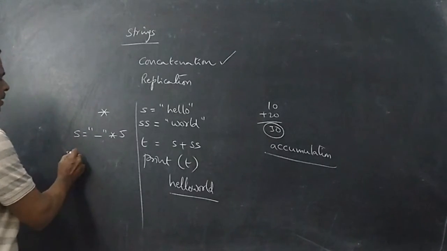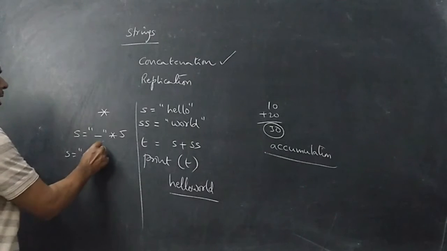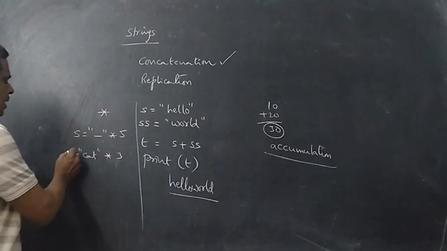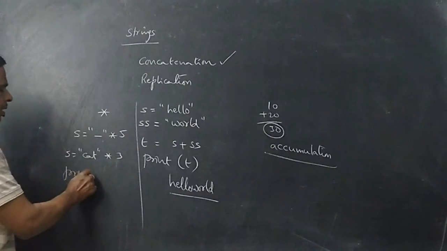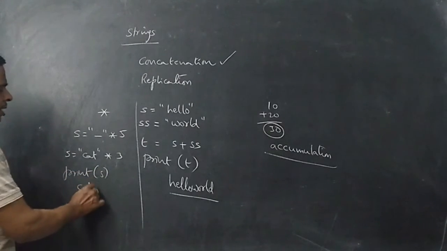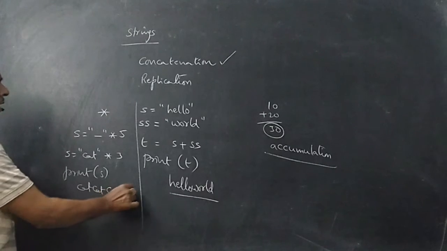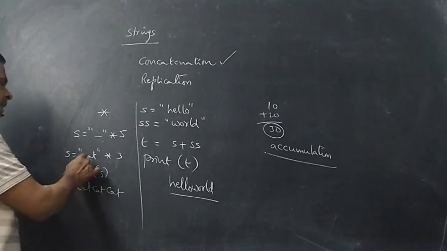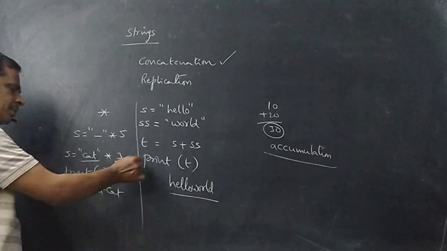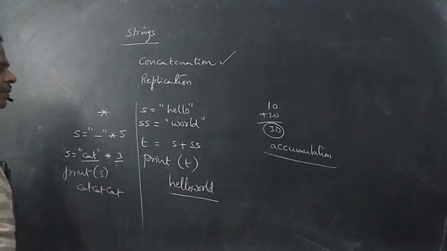For example, S is equal to cat into 3. In S there are 3 cats. That means if you print S, it prints cat, cat, cat. How many times is cat replicated? 3 times. Sometimes this may be useful.